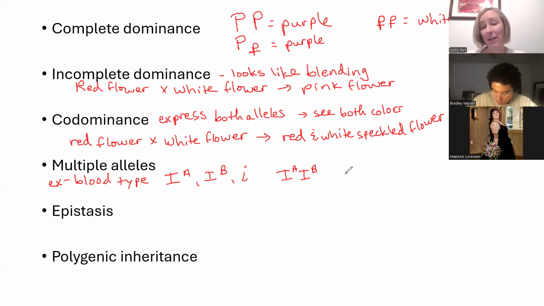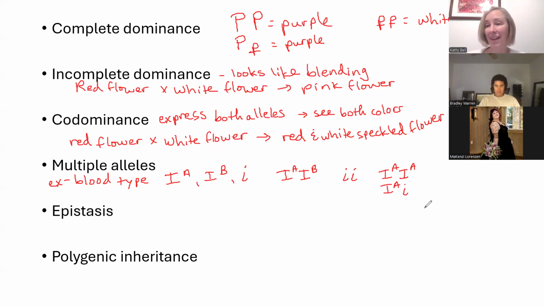Or if you're type O blood, you would have that genotype. Or maybe you're type A blood, you could be that genotype, or you could be this one. So you can only have two of the alleles, but there's three of them in the population. So that's multiple alleles.